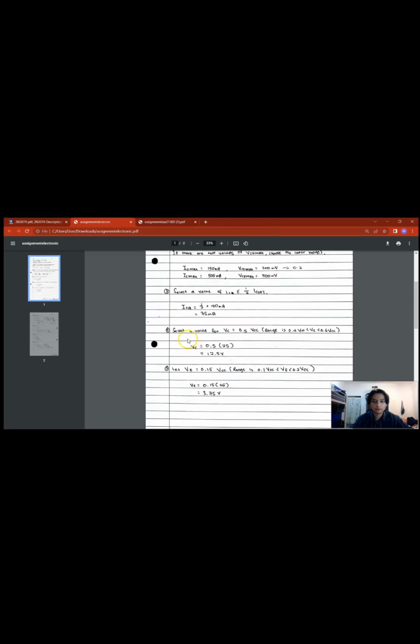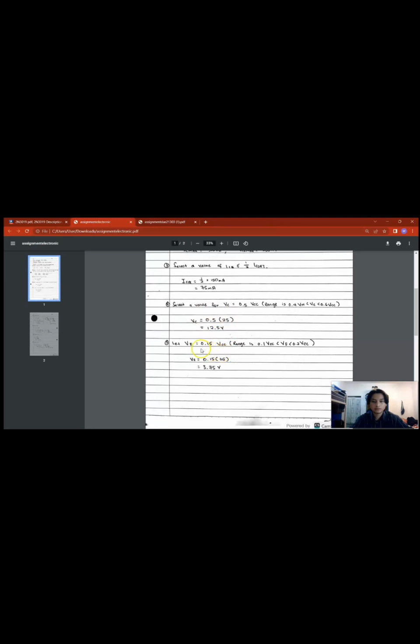For the fourth question, select a value for VC equals 0.5 VCC. Using the formula VC equals 0.5 times 25, which is the VCC, I will get 12.5 volt. For the fifth question, let VE equal 0.15 VCC. After I calculate, I will get 3.75 volt.